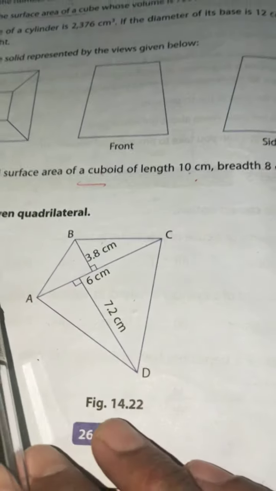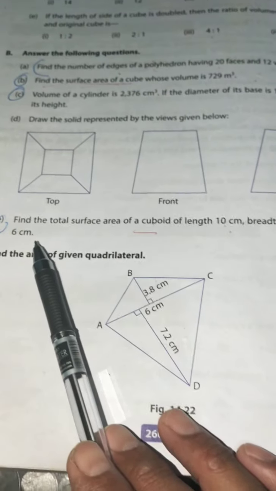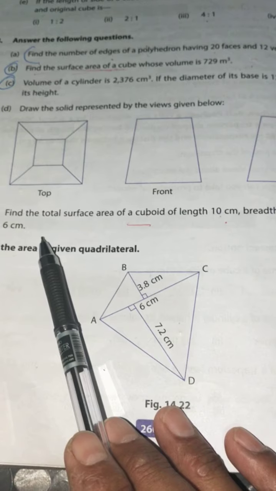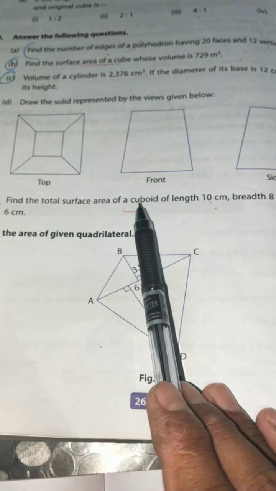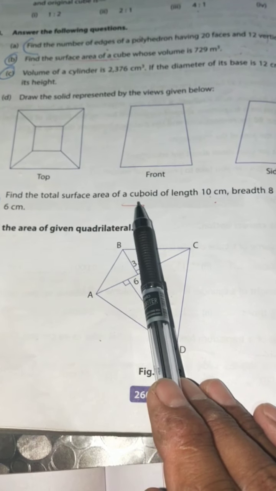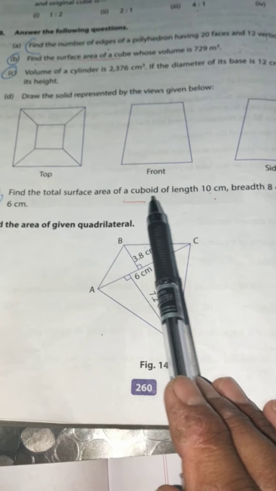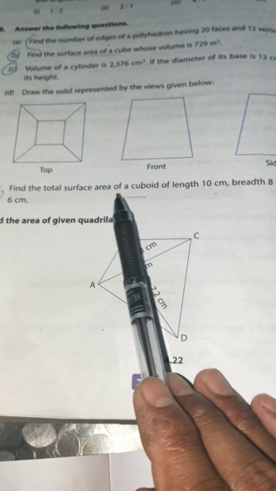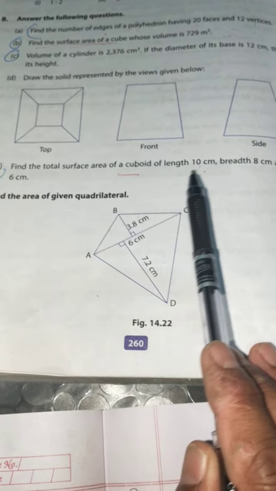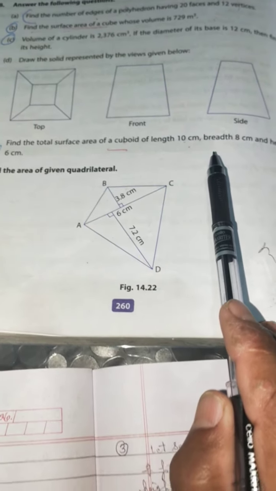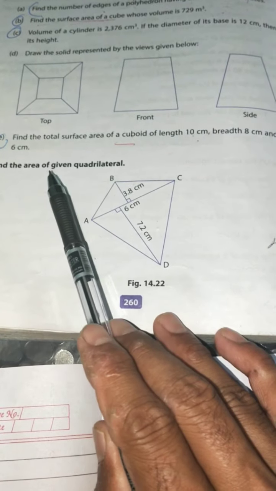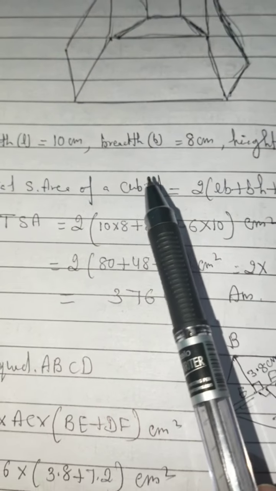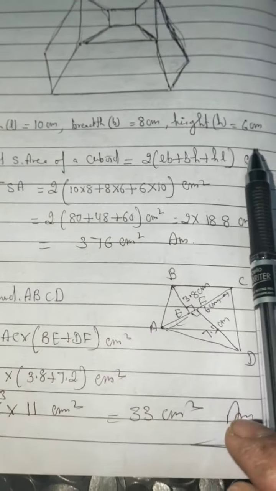Now find the total surface area of a cuboid. What is the total surface area of a cuboid? 2 into LB plus BH plus HL. To find the total surface area of a cuboid, we have to be given length, breadth and height. Length is 10 centimeter, breadth is 8 centimeter and height is 6 centimeter.